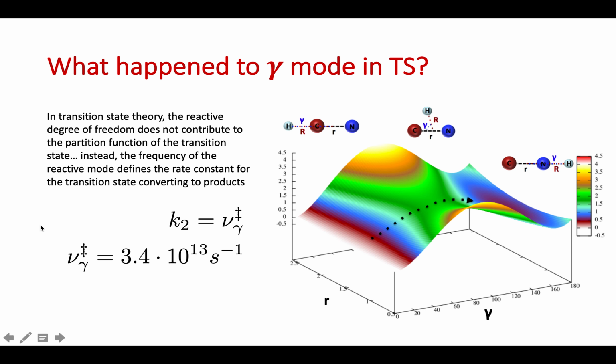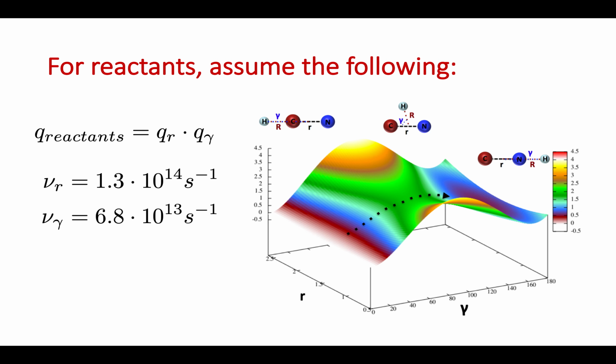So in this case, we just need to know the frequency of the reactive mode in the transition state geometry to know k2. And here is the frequency of the reactive mode in the transition state geometry, 3.4 times 10 to the 13 hertz. You can see this is about half what the frequency of the gamma mode was in the reactant geometry.